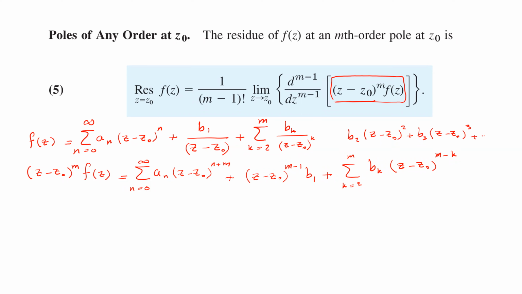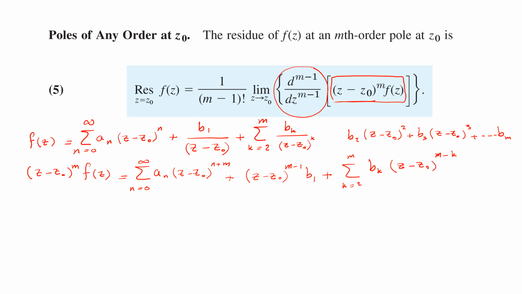So it goes until bm, right? When k is equal to m, then you have bm (z minus z naught) to the power m minus m. So you get bm only without any powers. All right, now what happens if I take the m minus first derivative?